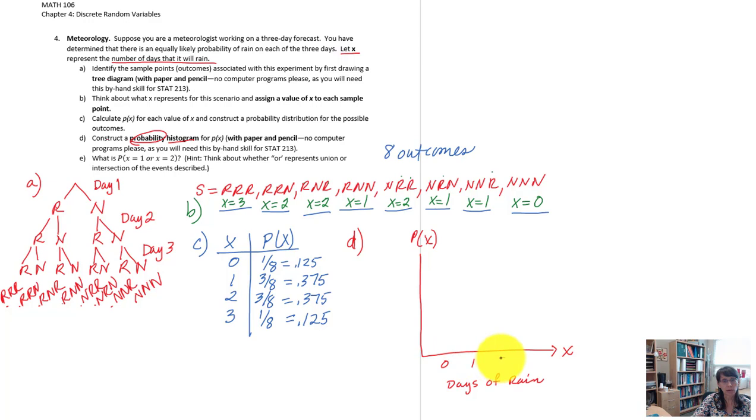So I'll go ahead and write those in. And our other axis will have probabilities. You can see I started out with a fraction and converted those fractions to decimals by taking 1 divided by 8 and 3 divided by 8. Since we're calling this a probability histogram, we tend to use decimals.